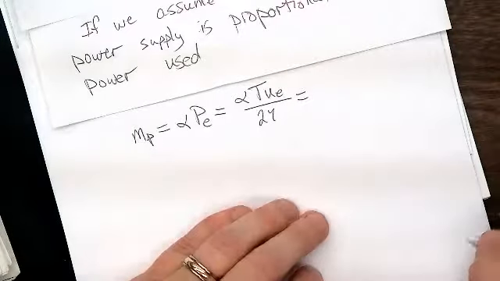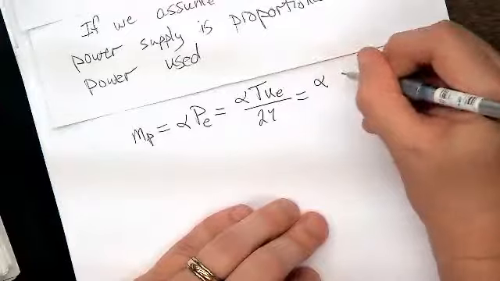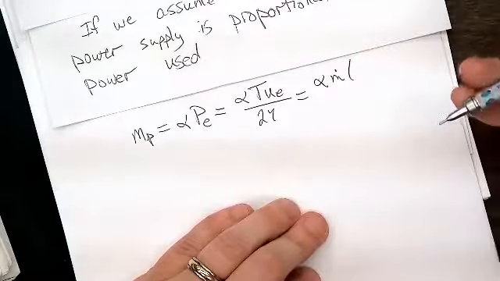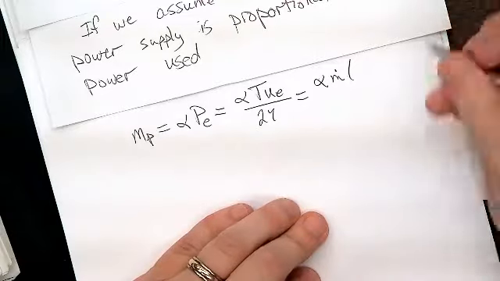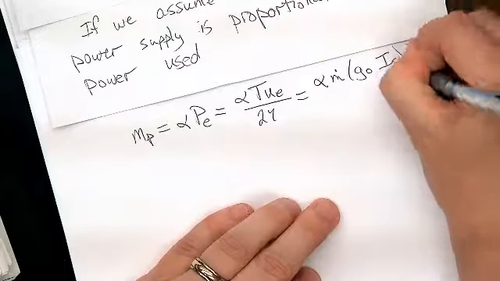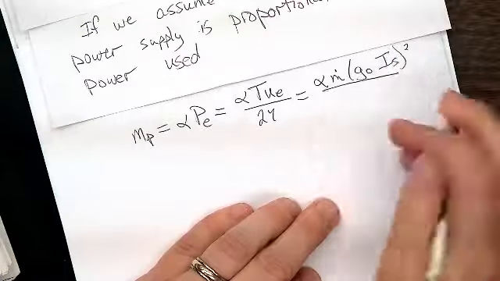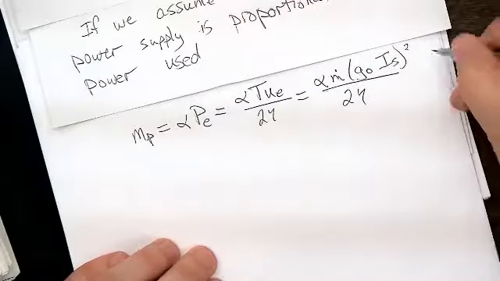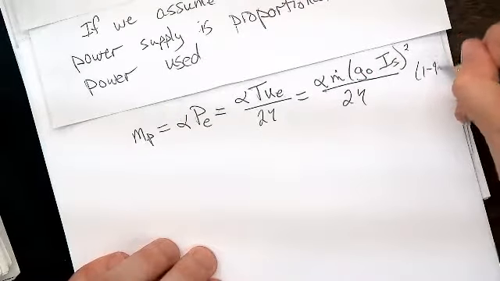And this is further equal to alpha times m dot, and we will replace exit velocity squared with g naught times specific impulse squared divided by 2 eta. That should be equation 9 in your textbook.